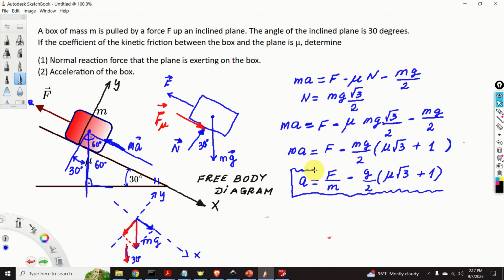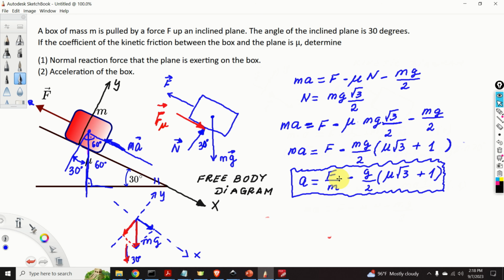You can analyze this equation in order to determine its validity and to double check the result. Let's apply common sense to this problem. Here's the common sense logic. Obviously, the higher the force F, the larger the acceleration. And this matches with our equation, since we have a plus sign over here and acceleration is proportional to the force.